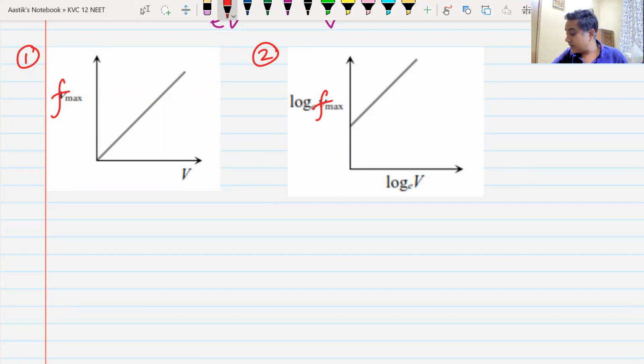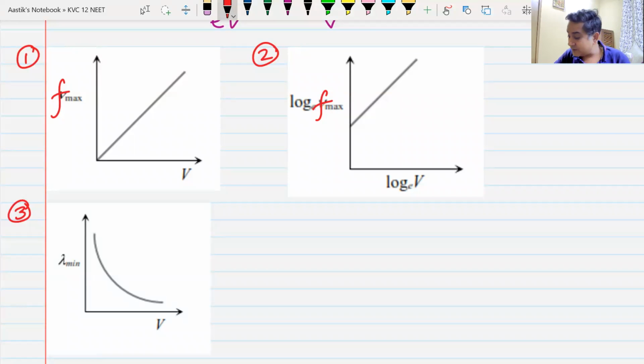In the first 2 graphs, we talked about maximum frequency. So in the third graph, we will talk about minimum wavelength. And the graph is a rectangular hyperbola because lambda is inversely proportional to your voltage.